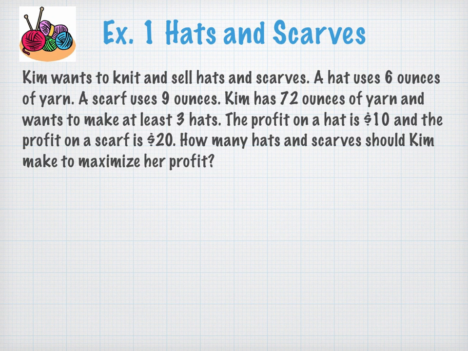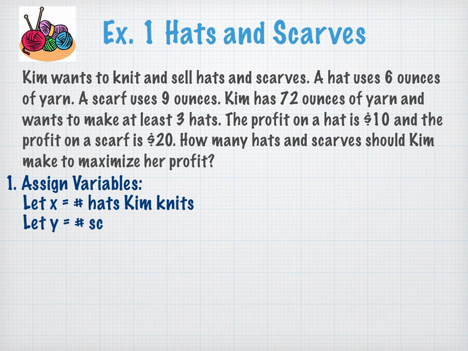This is a perfect word problem to set up and solve using linear programming, because there are several constraints. We're talking about hats and scarves, so when we assign our variables, let x equal hats and y equal the number of scarves that Kim knits.